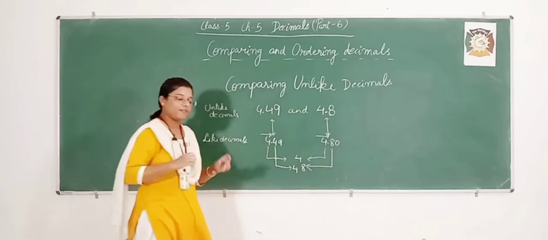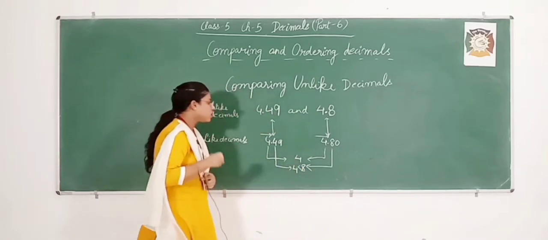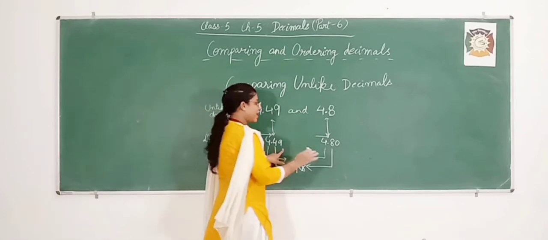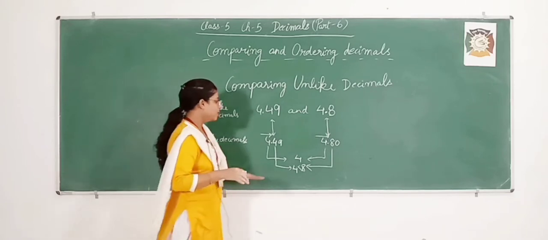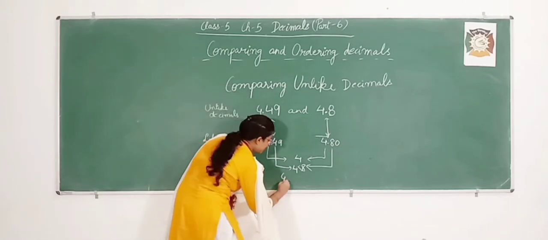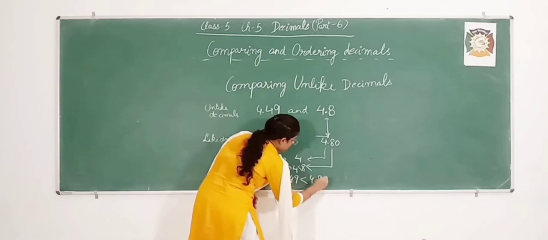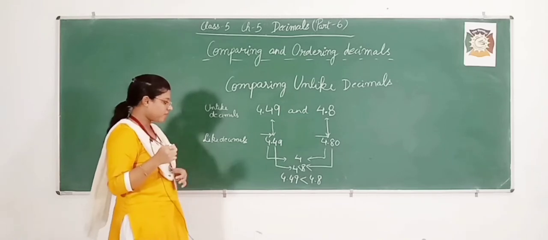Since they are different, you will compare them and you will put the greater sign towards 8. Therefore, you need not check the next digit. Even if 9 is greater than 0, you do not need to check this. You will directly write that 4.49 is less than 4.8 or 4.80. Anyhow, you can write it anyway.